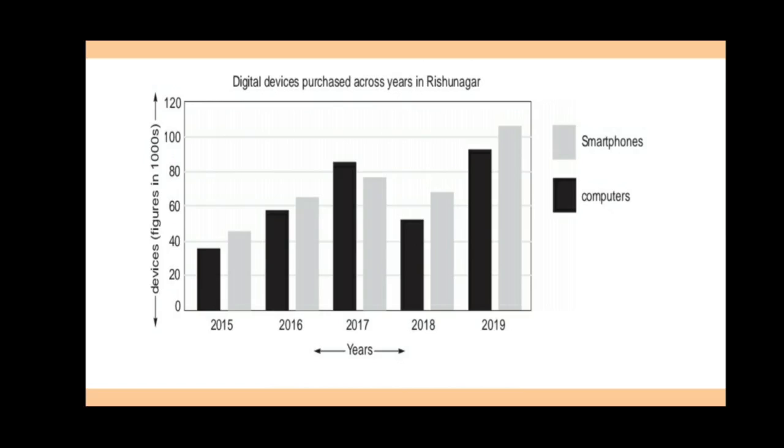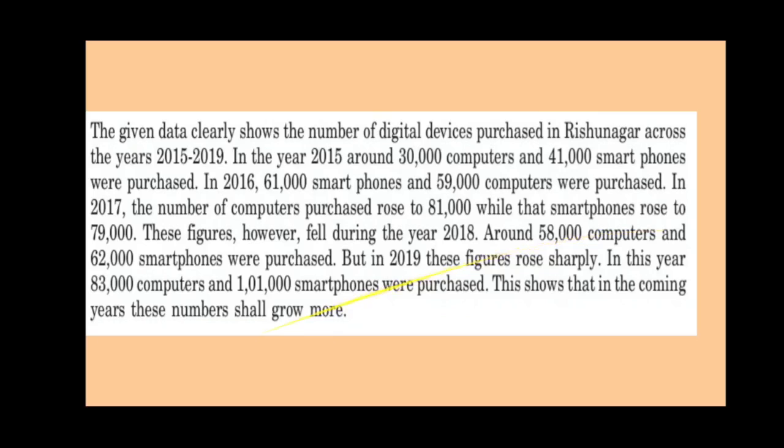Then you analyze how many smartphones, how many computers are purchased in 2015, 2016, where this is maximum, where this number is minimum. So you can compare these 2 trends. Next, the answer is given here. You are not to write it as it is. Just write yourself. Just do practice.